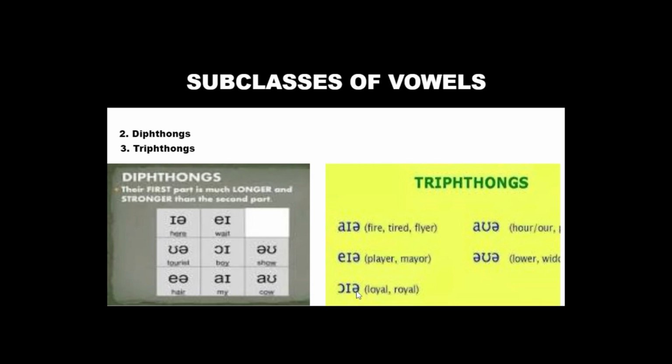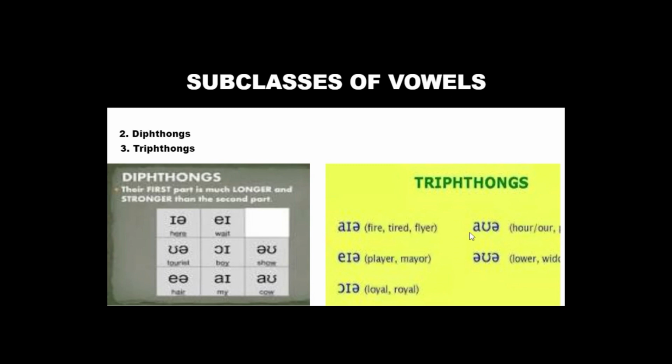Then we have a combination of oi as in boy and the schwa sound. We have words like loyal, royal, boiler. These words contain this sound.